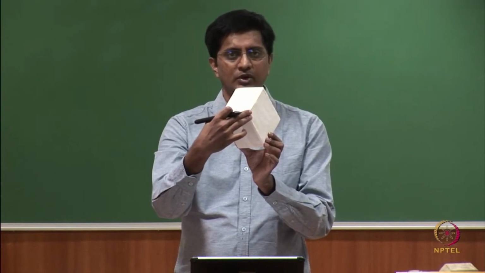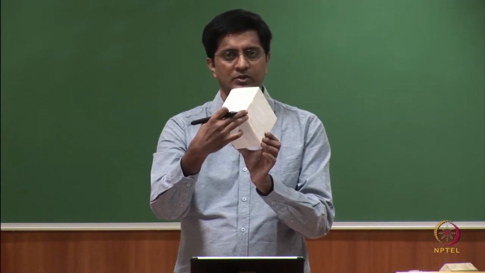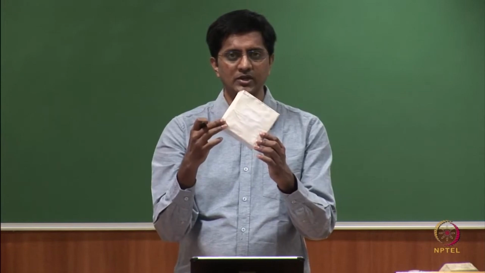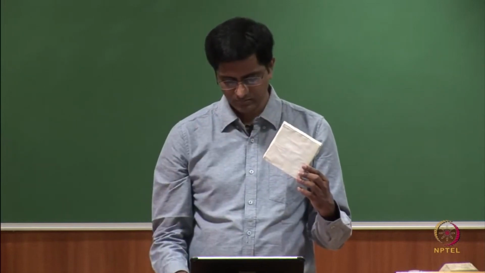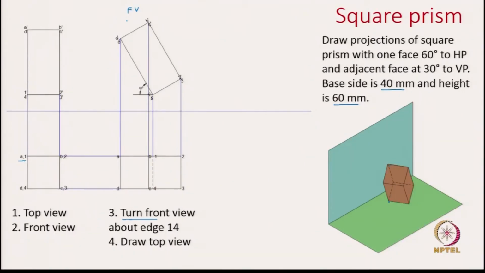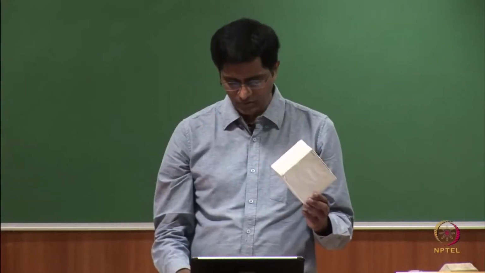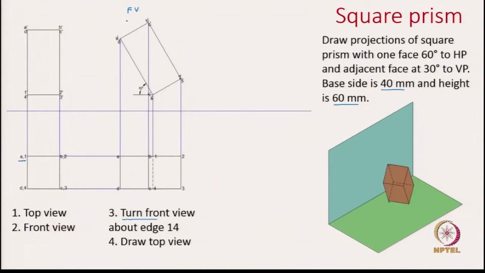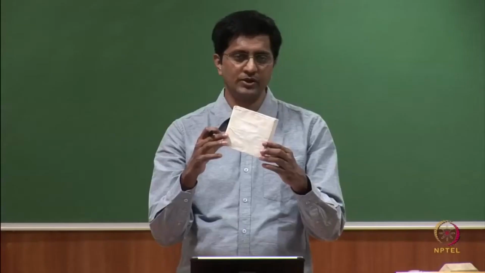Obviously, the front view does not remain the same. What remains the same is the top view. I can go front and back here to convince you that the top view shape remains the same. Once you identify that, that is where we start in the last step. We turn the top view by 30 degrees, because that is the angle given in the question.